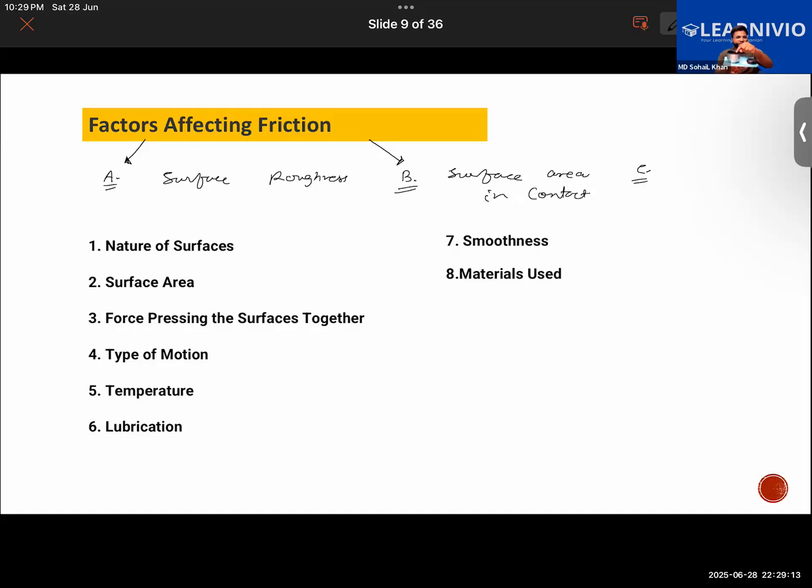But this one is pressing the surface with more force, so hence friction will be more. Got the concept, everyone? So third would be force pressing the surfaces together. Hope that much is clear to everyone.